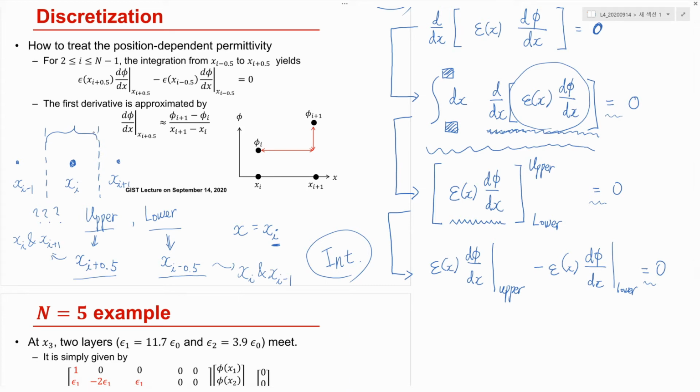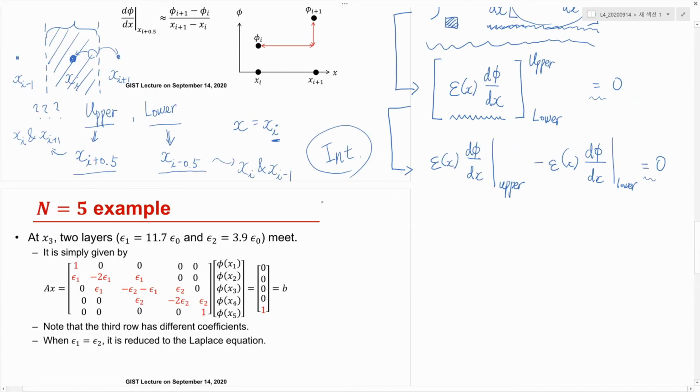So why do we set the upper and lower bounds in this way? It is because in this range, the nearest grid point is xi. By considering the nearest grid point, we can make this lower bound and upper bound. Now we assume that the upper is xi plus half and the lower is xi minus half.